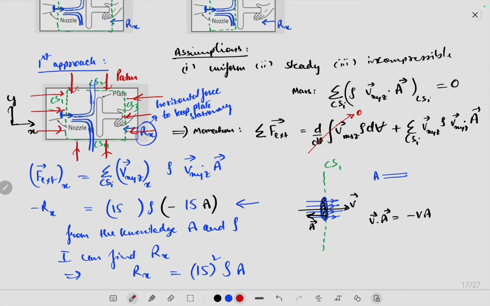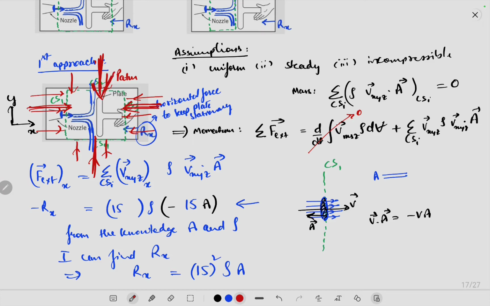But you can see from the symmetry of the control volume, the force due to pressure from this side, the force due to pressure from this side and the force due to pressure from this side will cancel out. Similarly, the force due to this side and the force due to this side will cancel out.